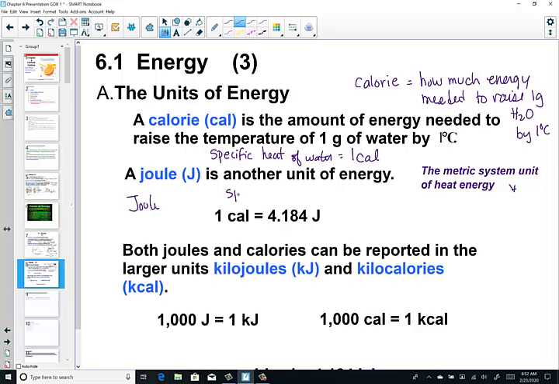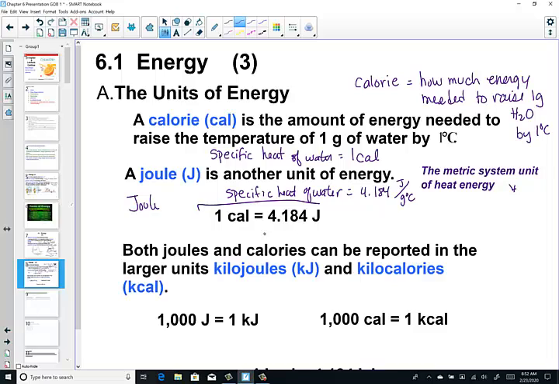So you could say the specific heat of water in joules is 4.184. That's the conversion between a calorie and a joule. It takes 4.184 joules of heat energy to raise 1 gram of water by 1 Celsius degree.